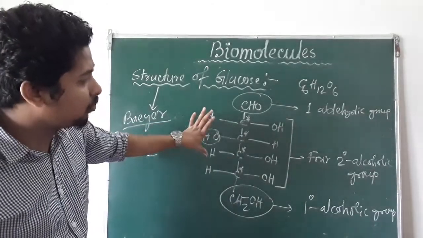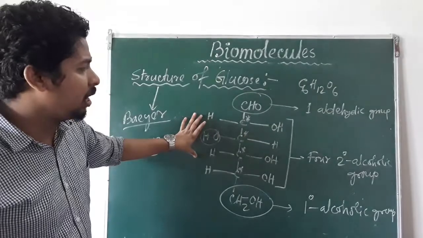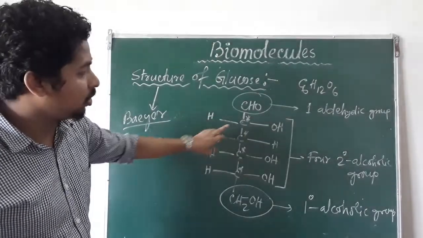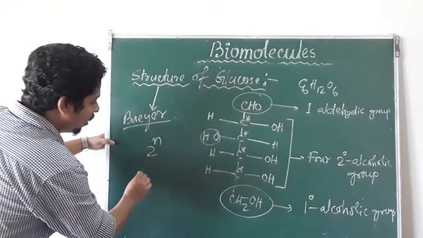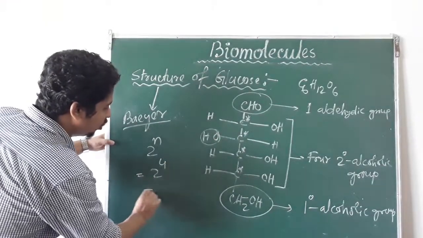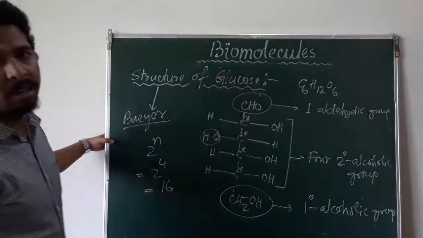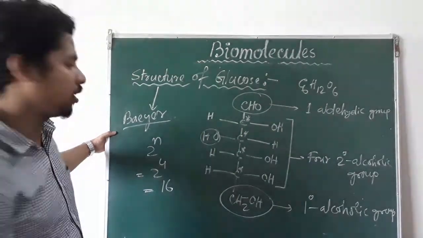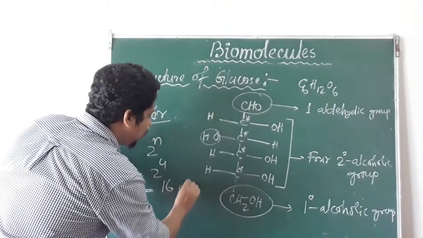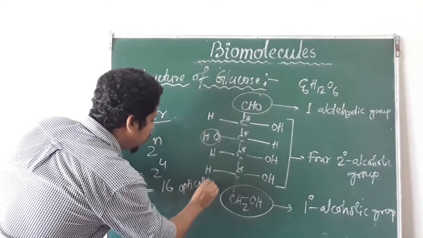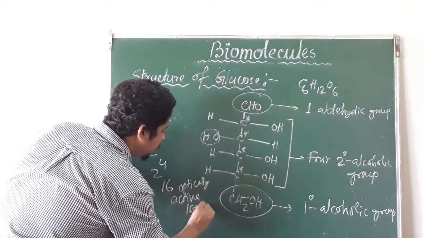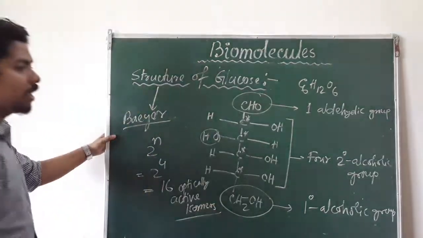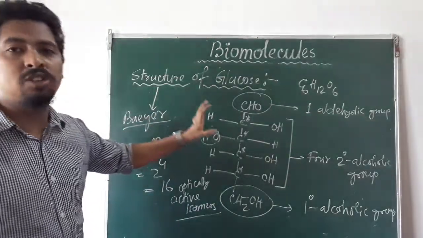Now see, in the case of glucose, how many chiral carbons are there? You see, 1, 2, 3, 4 chiral carbons are there. So its value will be 2 to the power 4, meaning it will form 16 optically active isomers. Okay, so this is all about the structure of glucose.